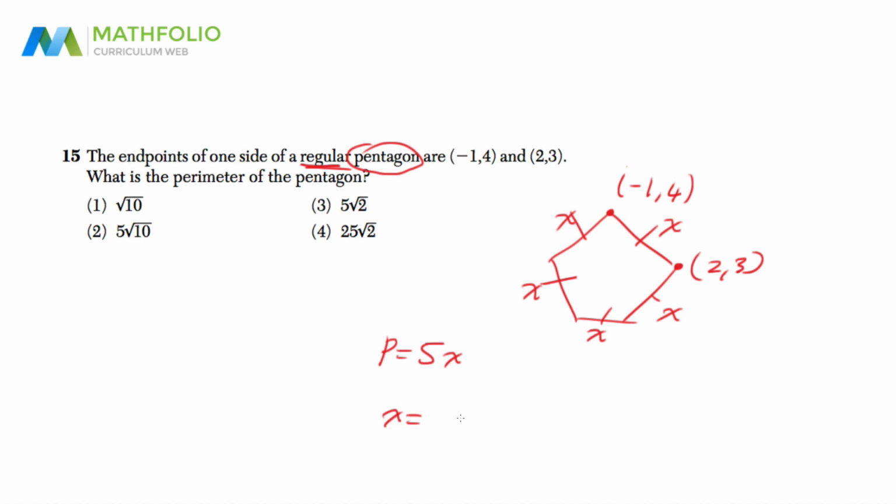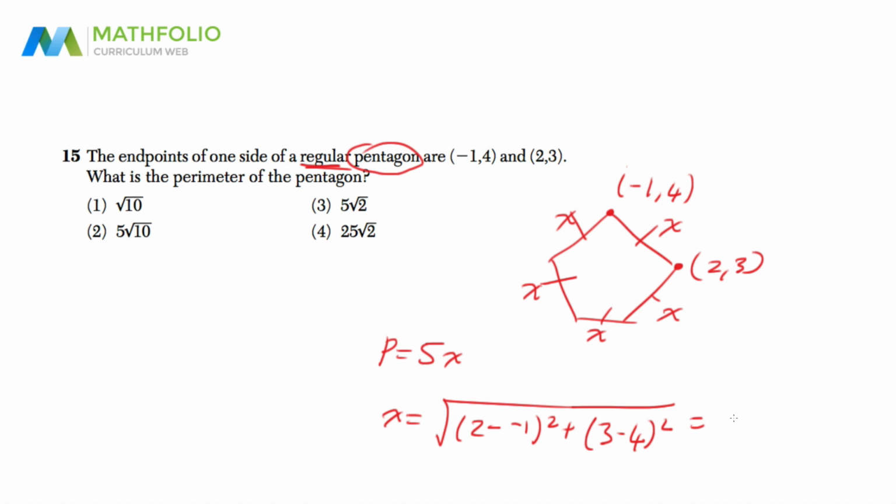So x equals, x is the distance between them, the square root of x2 minus x1, so that's 2 minus -1, squared, plus y2, 3 minus 4, squared.